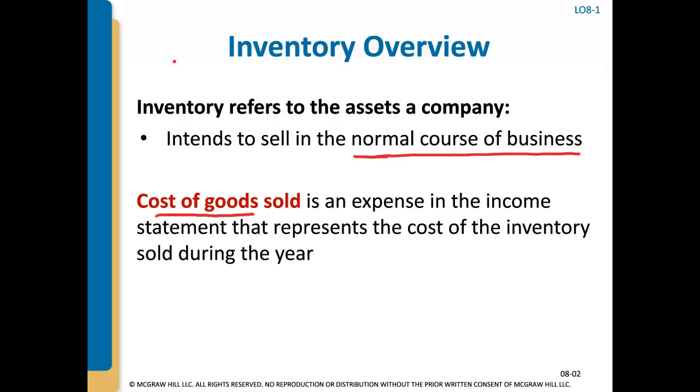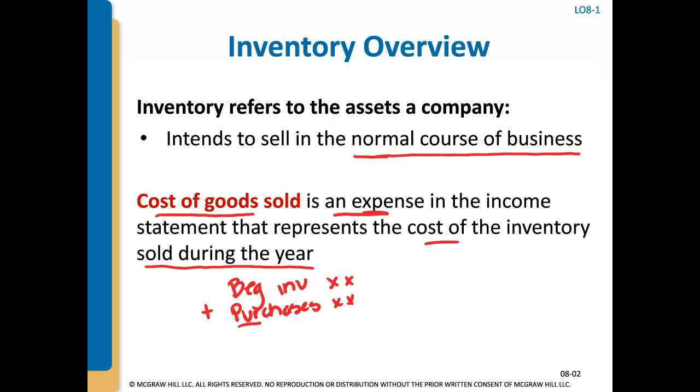Cost of goods sold is an expense, which means it goes on the income statement and it represents the cost of the inventory sold during the year. So we record cost of goods sold when inventory is sold. And if you don't know, the formula for cost of goods sold is we take our beginning inventory plus our purchases, less any discounts.